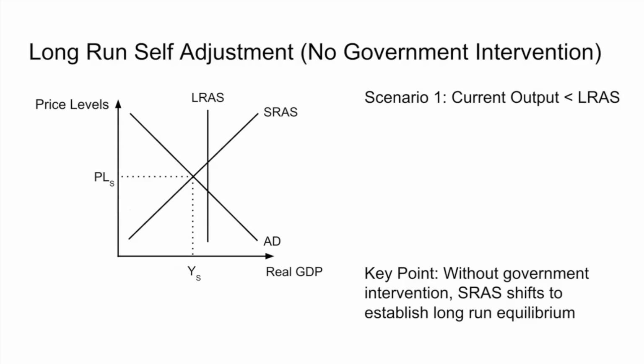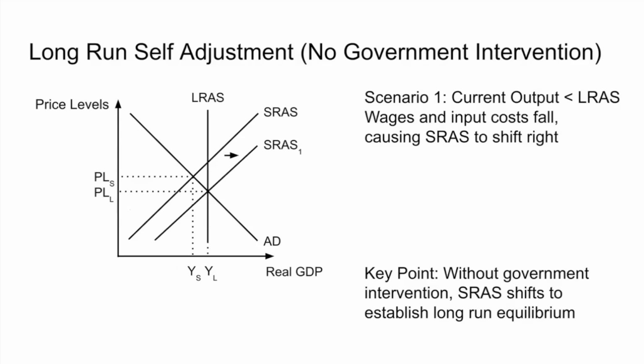Let's consider the scenario where current output is less than the long-run aggregate supply output. In that case, unemployment is higher than the natural rate of unemployment, and so people who are unemployed would be willing to work at a lower wage. So wages and other input costs would fall, and that would cause short-run aggregate supply to shift to the right until we've established long-run equilibrium.